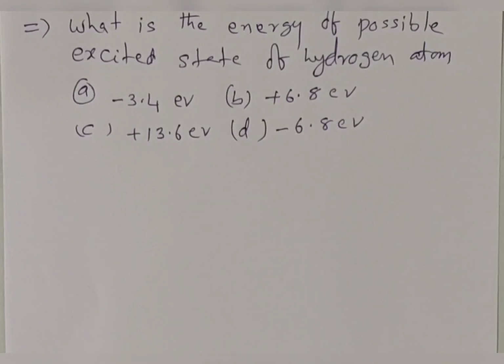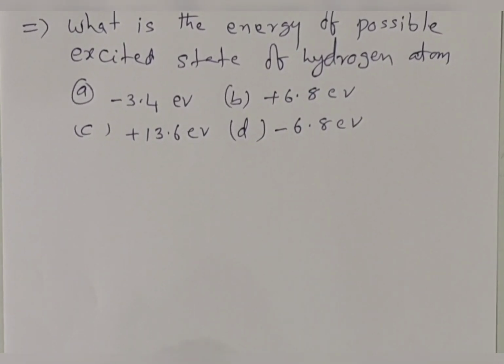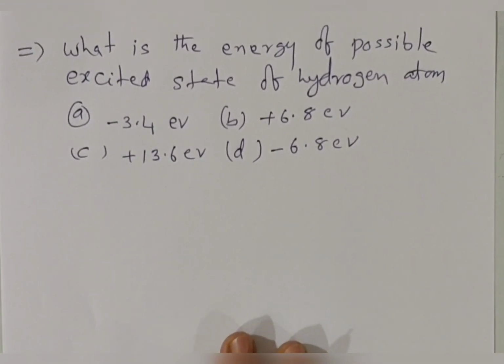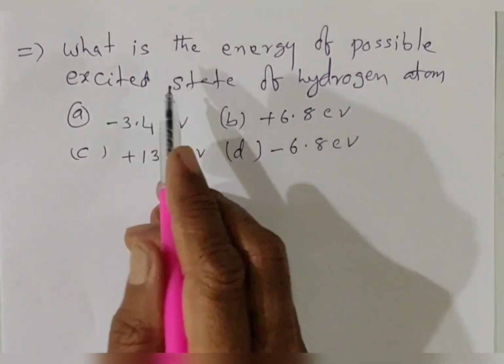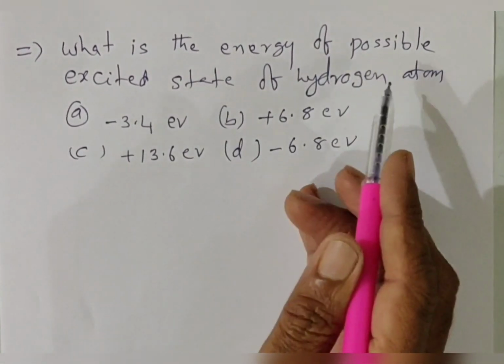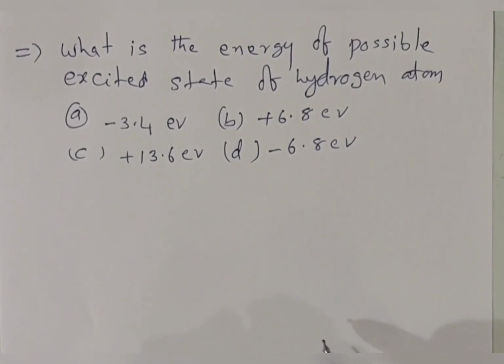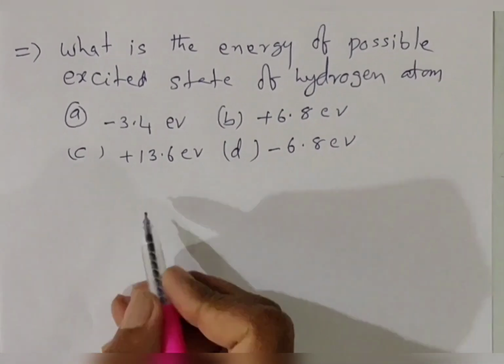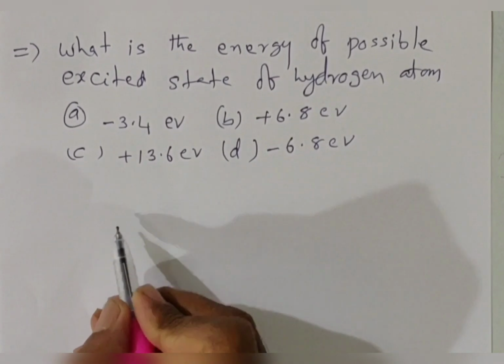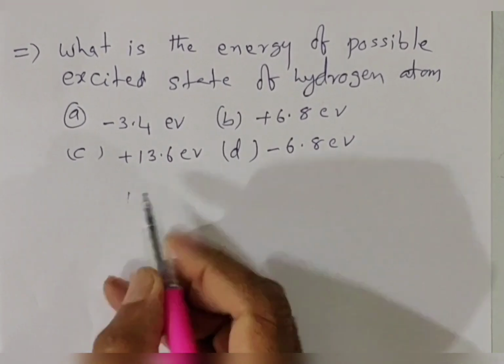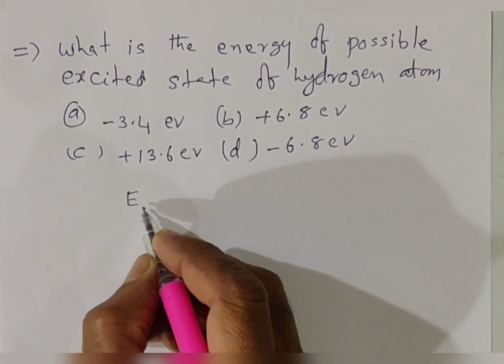Now energy calculations. This question was given in the previous examination. What is the energy of possible excited state of hydrogen atom? Then how to calculate now? Here you have to use the general energy mathematical expression.